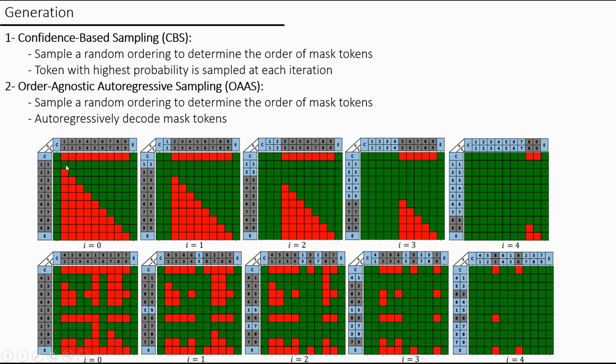And then we autoregressively decode these mask tokens. For example, the first mask token, which can attend to all other mask tokens, is decoded, and then the second mask token, which can attend to itself and all other mask tokens, and also the unmasked tokens, is also decoded. And at each iteration, we autoregressively decode these mask tokens until all mask tokens are decoded and we generate a motion sequence.